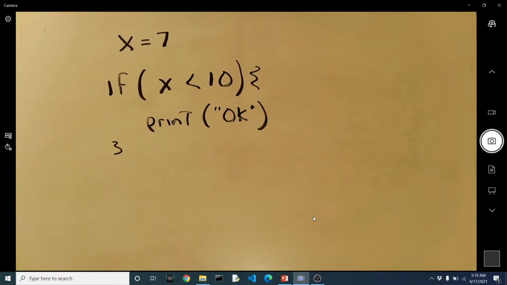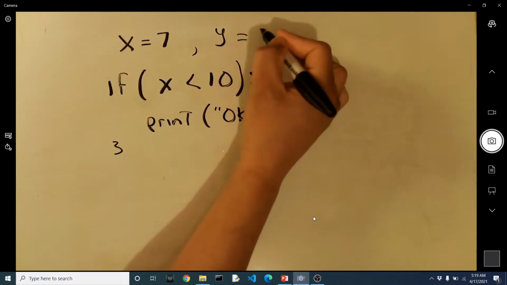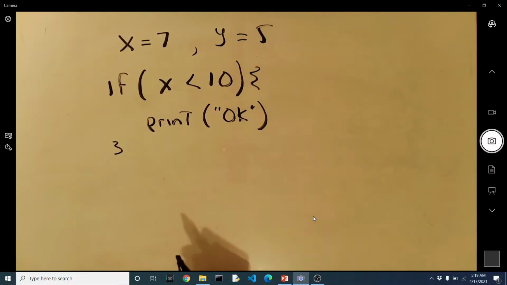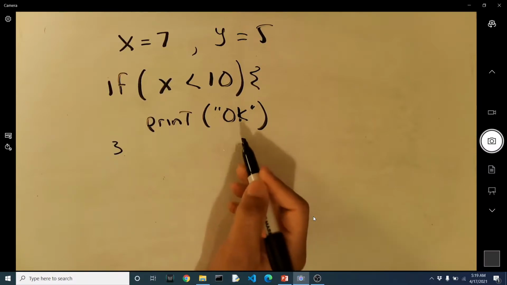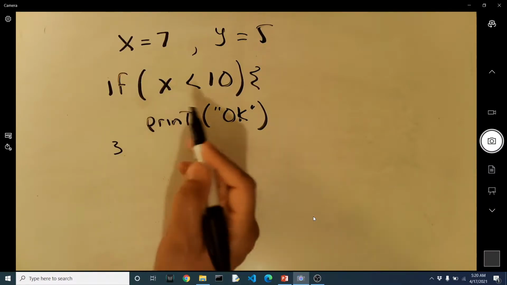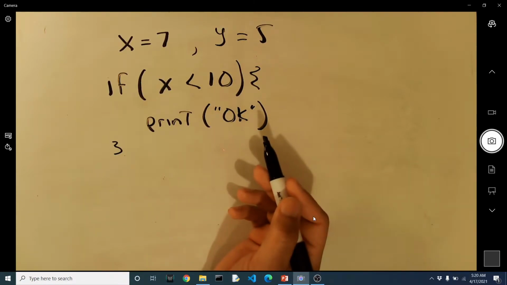Okay. But what if we wanted to extend that understanding not just to one variable, but perhaps two variables? So let's say we had another variable y, and it was equal to 5. So we only wanted to print the words okay if the value of x was less than 10 and the value of y was less than 10.